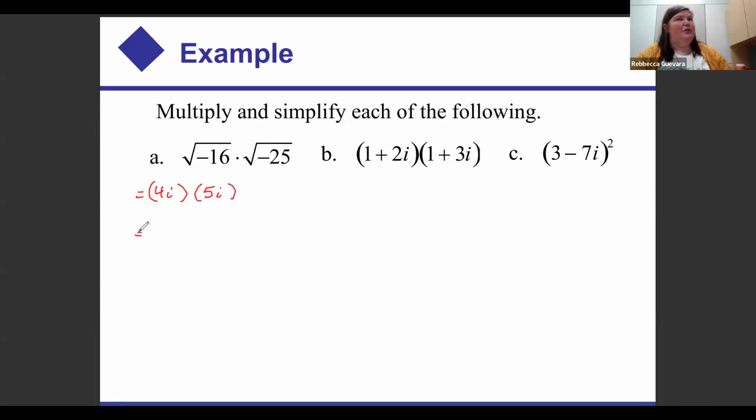So always convert it like this first. Make sure you pull out those i's before you keep going, because otherwise you might think that negative disappears. We multiply that together. That is going to be 20i squared, or 20 times -1, which is -20.